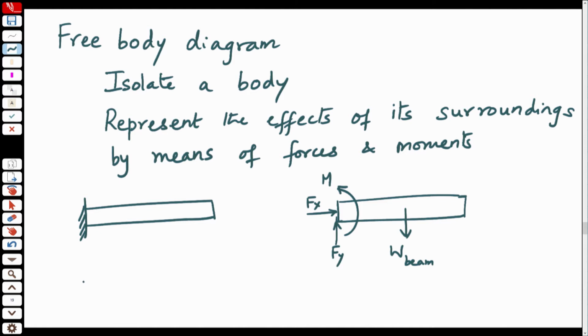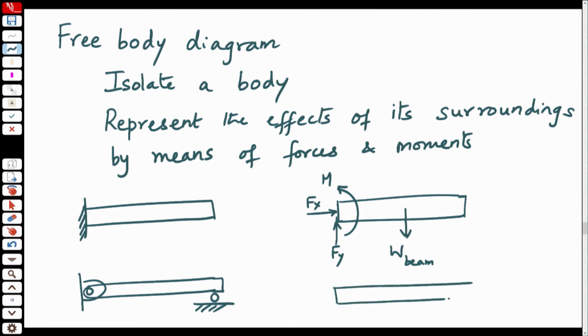If you had a pinned beam which was then supported on a roller, then if I isolate the beam now, what does the roller do? The roller allows motion along x, but prevents motion along y.